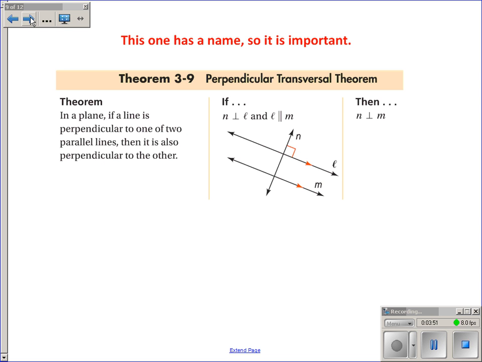Now this one has a name, and so it's more important than the other two. In a plane, if a line is perpendicular to one of two parallel lines, then it is also perpendicular to the other. Meaning if N and L are perpendicular, and L and M are parallel, then N and M must also be perpendicular.